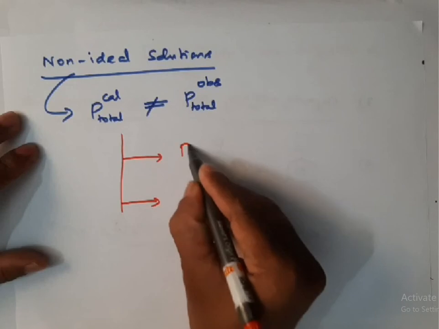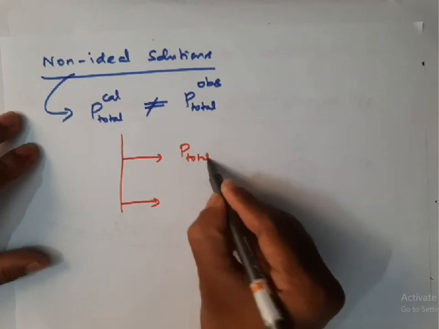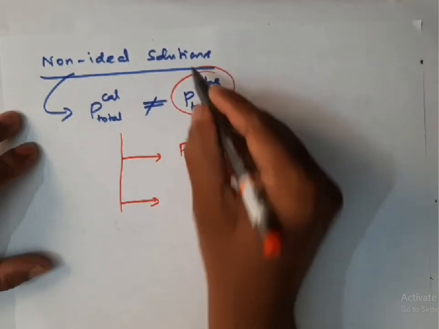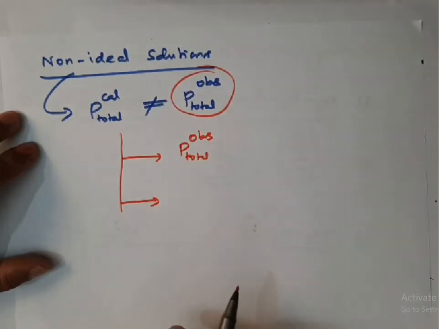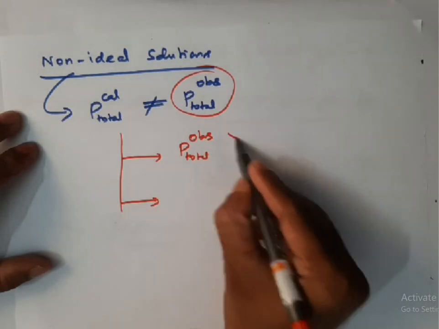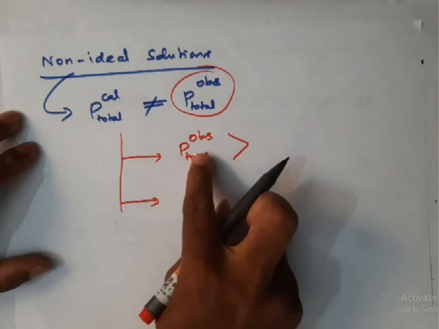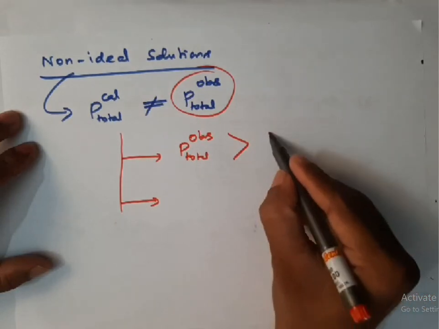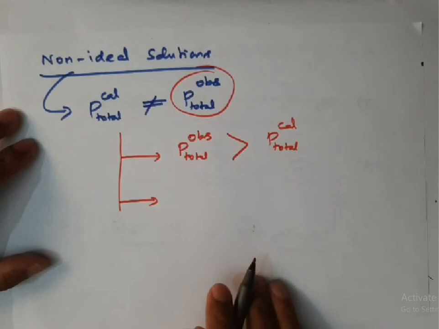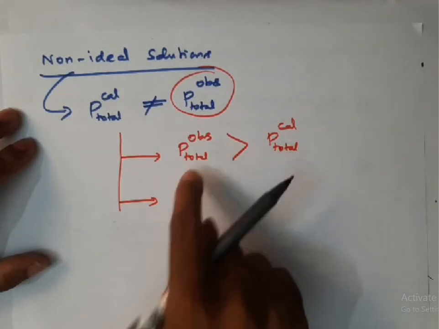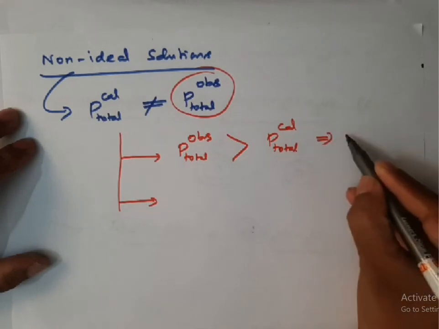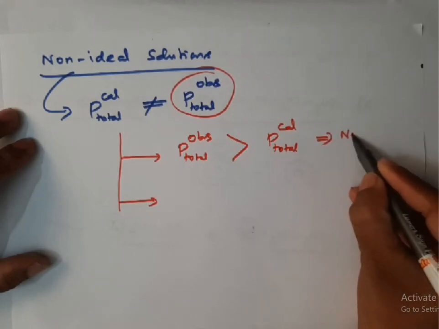If the observed total pressure, the experimental total pressure, is greater than the calculated total pressure, we call that solution a non-ideal solution.